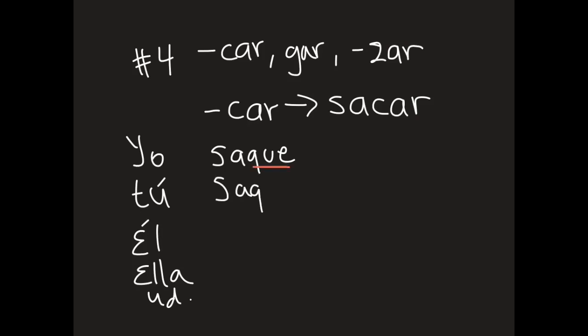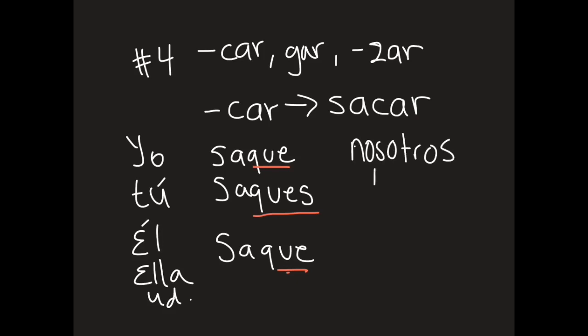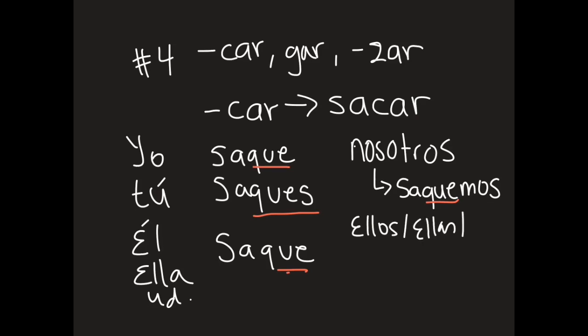So for yo, it would be saque, tú saques, él, ella, usted saque, and each of those conjugations needs to have the QU. Nosotros saquemos, and ellos, ellas, ustedes saquen.